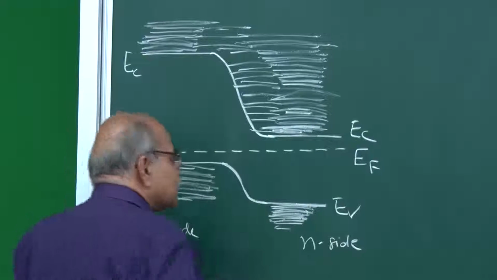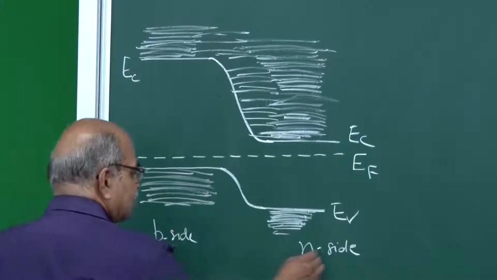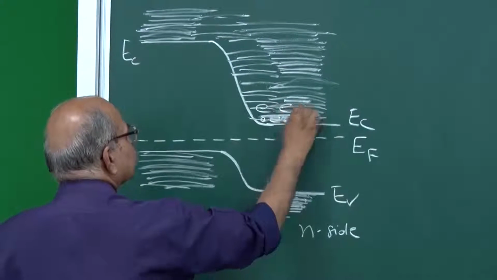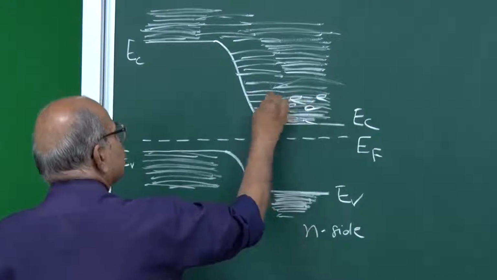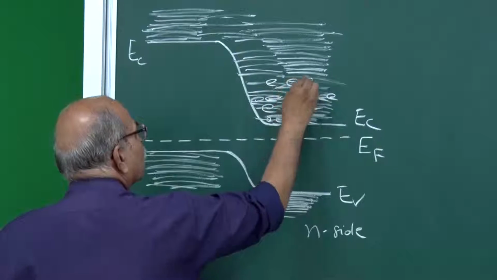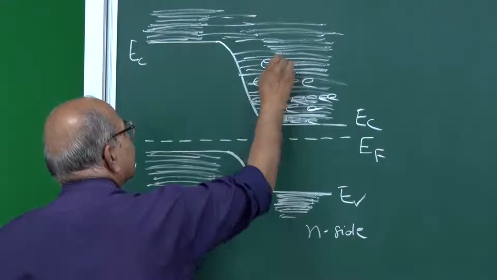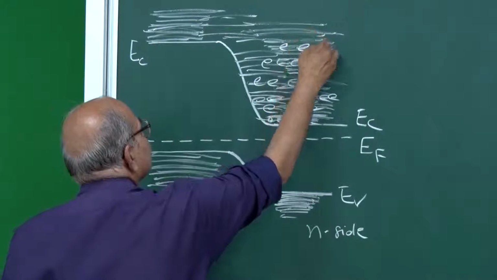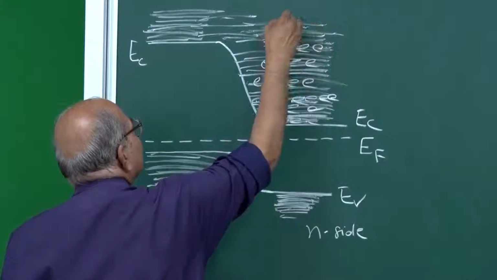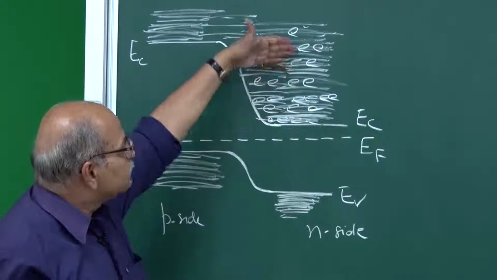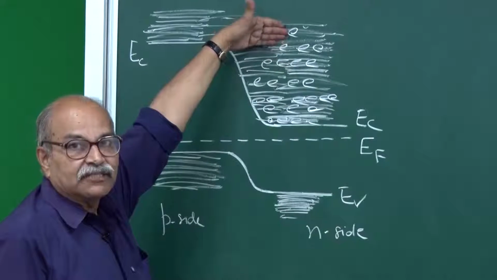We discussed all those things, and we found that on the n side you will have a large number of electrons, and then as you go up in energy, the number of electrons per unit energy will decrease. Most of the time, if you are quite away from this EF, this decrease is exponential.